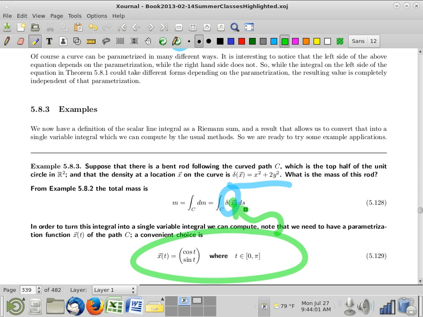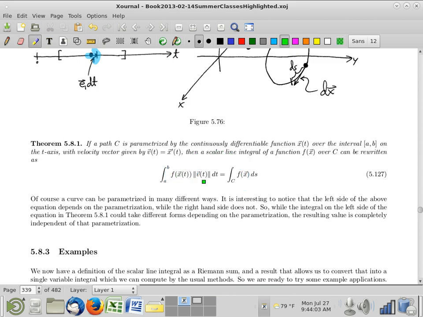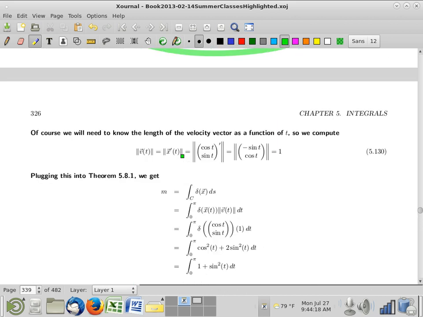Where it gets interesting is how the parameterization relates to the stretching factor. Note, I need the magnitude of the velocity, so I'm going to have to take the derivative of the parameterization and then compute the magnitude of that derivative. So there's some details here. Velocity is derivative. So there I'm taking the derivative, and there I have taken the derivative.